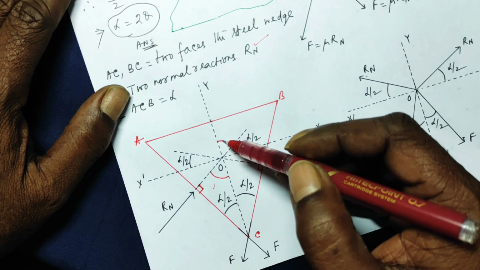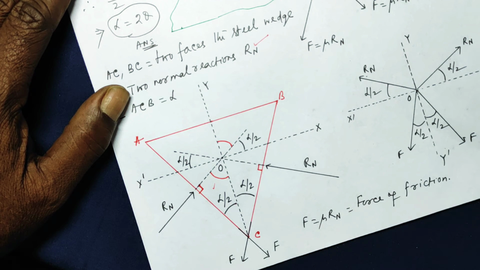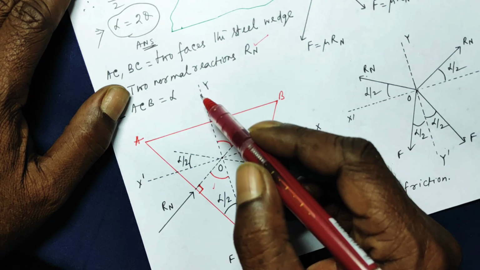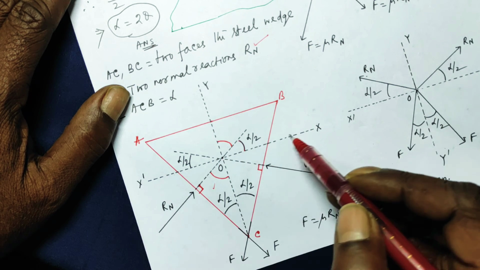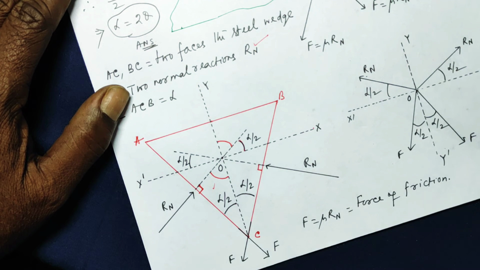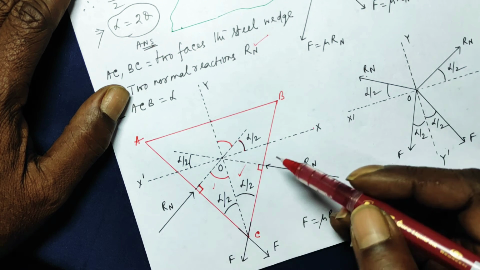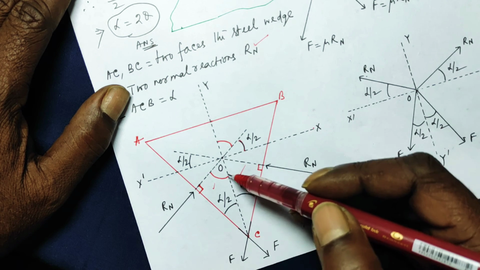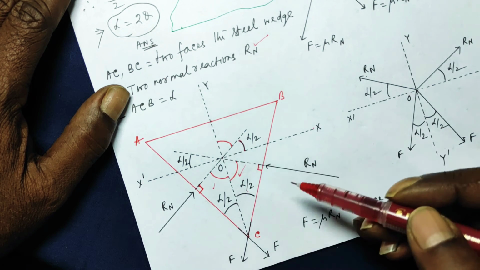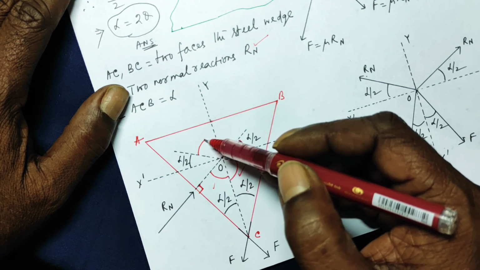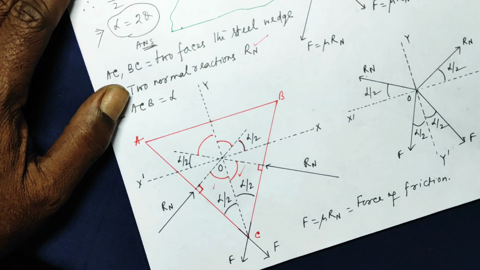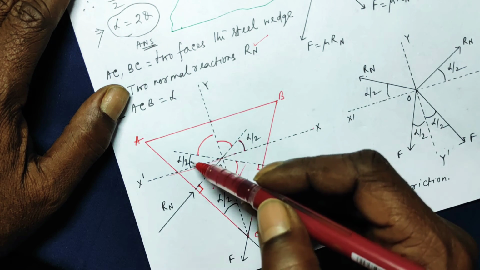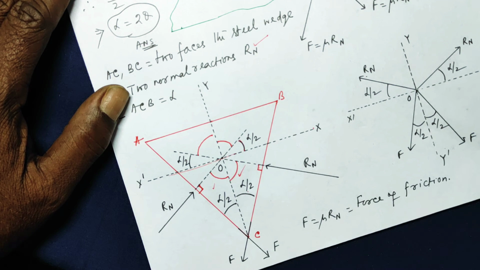So the vertically opposite angle will be 90 minus alpha by 2. So this has to be alpha by 2, because here the y-axis makes 90 degrees with the x-axis. Similarly, if you look at this triangle, 90, alpha by 2, so this will be 90 minus alpha by 2. So the vertically opposite angle will also be 90 minus alpha by 2. And since this x-axis is perpendicular to the y-axis, this will be alpha by 2.